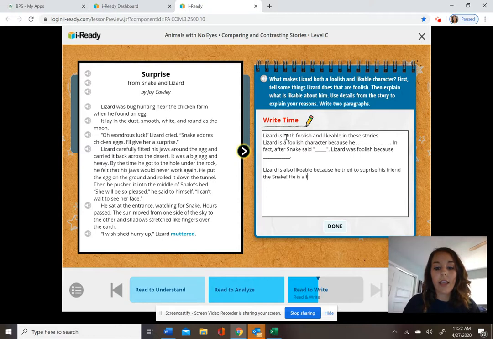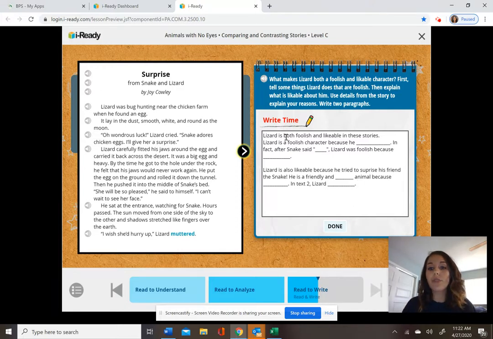He is a friendly and blah, blah, blah animal because blank. Why is he likable? What else does he do? What does he suggest in the second story? This would be a great time to write in text too. Lizard does this. Or you could also call it by the title. In the story, Money, Lizard does this.